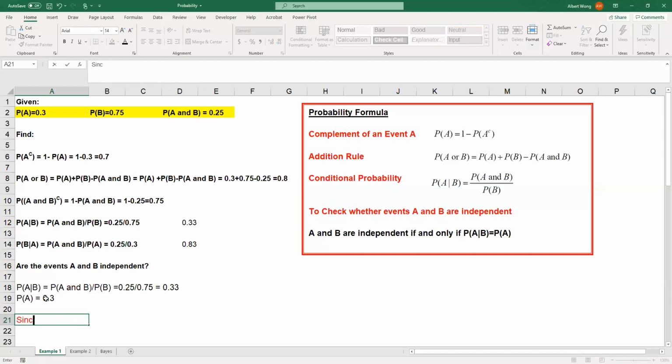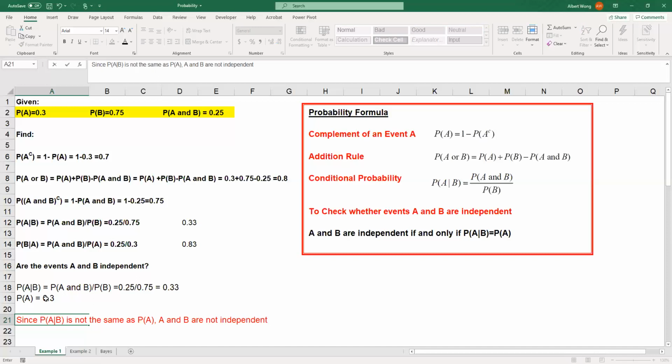We say, since the probability of A given B is not the same as the probability of A, the 2 events are not independent. If they're not the same, they're not independent.